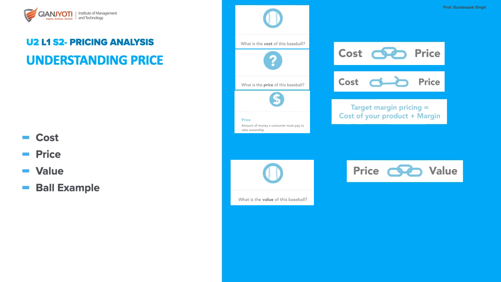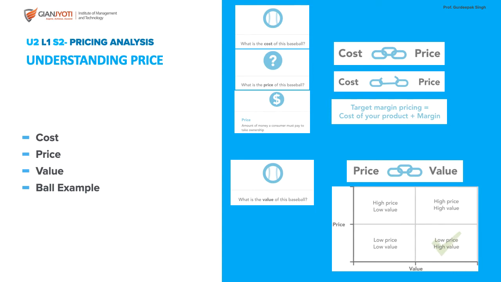Now, is there a link between price and value from the customer point of view, from the consumer point of view? And the answer is yes. There is a big link between price and value. So if I make this graph here, wherein we have 4 quadrants, and this is between price and value.